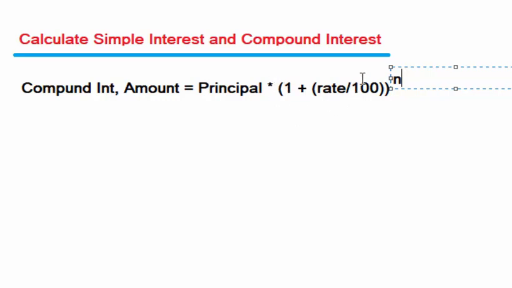Whatever is in this bracket will be raised to the power of n, and n represents the duration. If it is 3 years, we will raise here to the power of 3. This is how we calculate compound interest. You can see it is not easy.